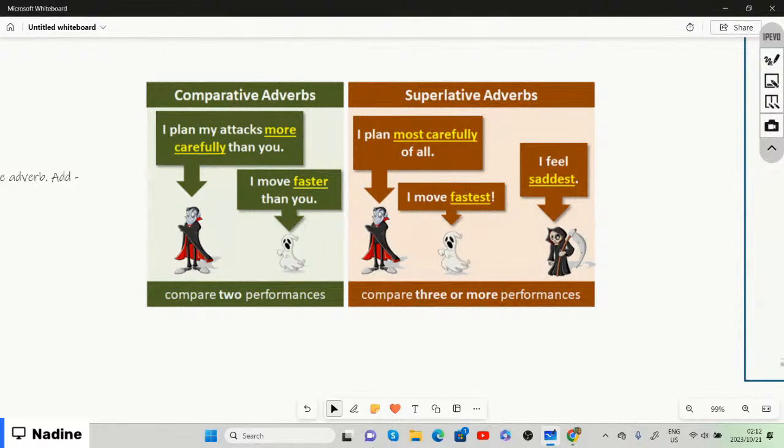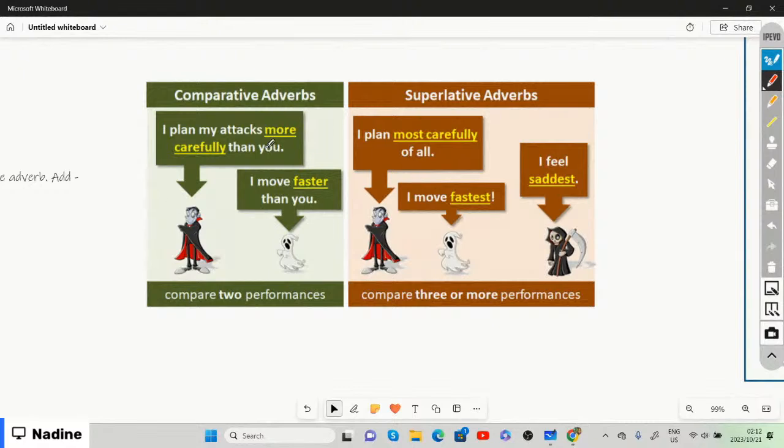Examples for a comparative adverb: I plan my attacks more carefully than you, which means that more carefully is our comparative adverb.